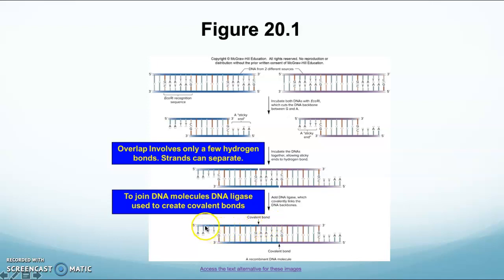So you can see up here we have the blue from the original maybe vector DNA, and we have the purple from the DNA of interest, as well as on the bottom. Now, if this was to be a blunt cut, what we would see is that this would have cut straight down here at the GC base pairing, and same over here, and then it can actually be added to any other blunt cut just by adding in ligase. So hopefully that makes sense between those two.